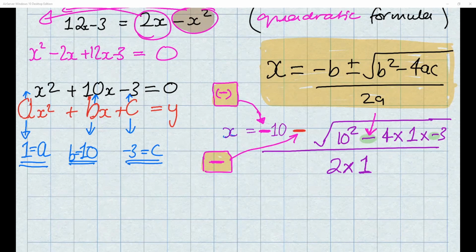It becomes positive. So do we need to enter it as a negative into the calculator? We could skip that part. Minus 4 times 1 is minus 4, times minus 3 is plus 12. So we could be a little bit cheeky and put it in as plus 12 instead, just to save us putting extra brackets and other things in there.